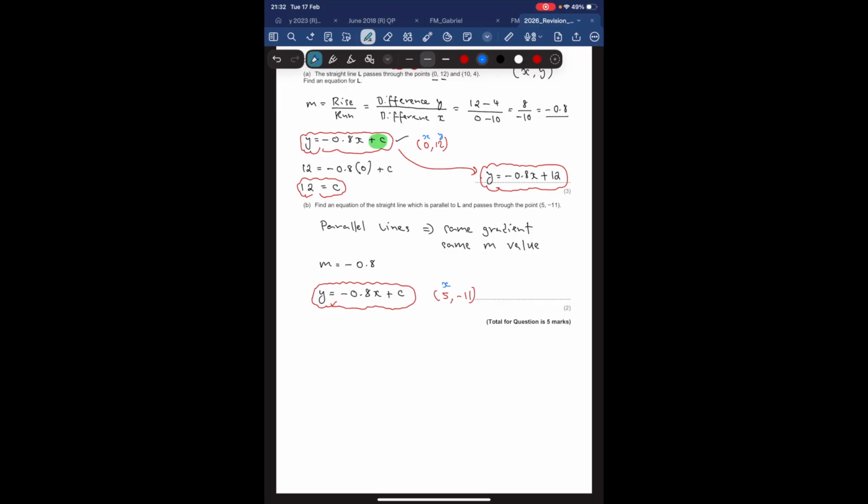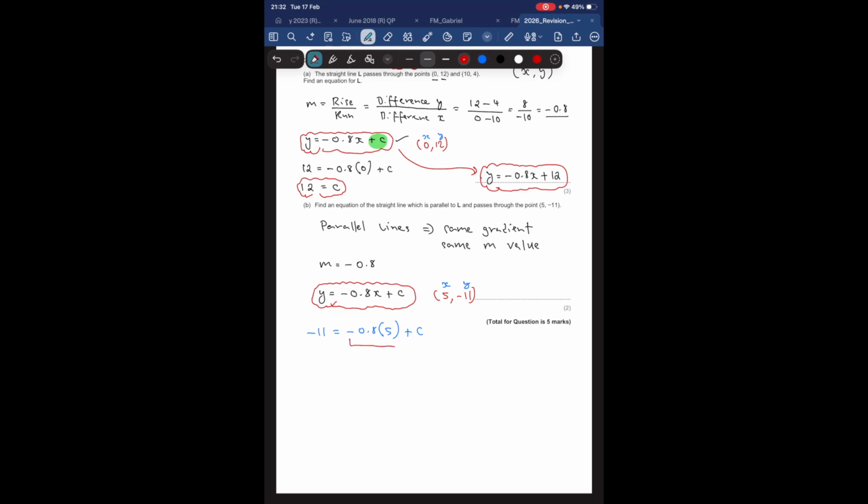The x-coordinate comes first, the y-coordinate comes second. All we have to do is replace the y in this equation with minus 11, replace the x with 5, and we're going to form an equation which we're then going to solve. Minus 11 equals minus 0.8 times 5 plus c.